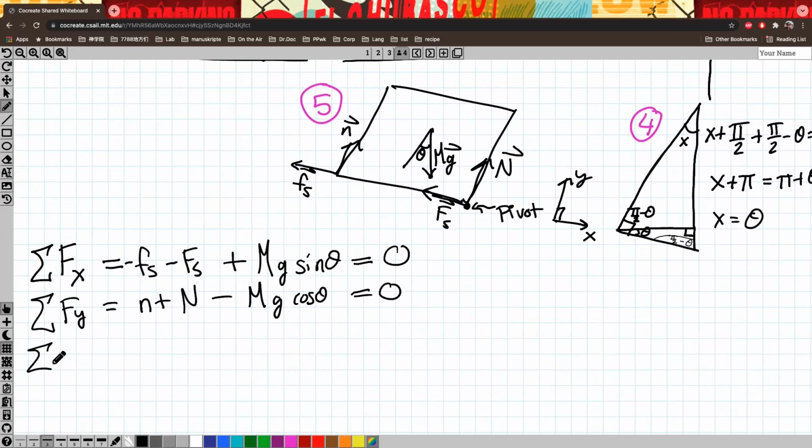Okay, and now the sum of the torques. That means there would need to be at least 2 different torques to cancel out. Of course. What are all the torques we have here? Types of torques.